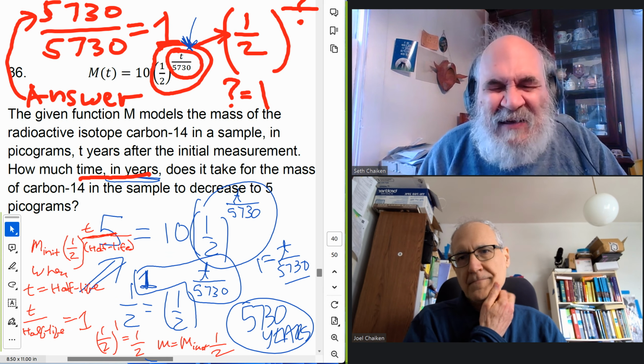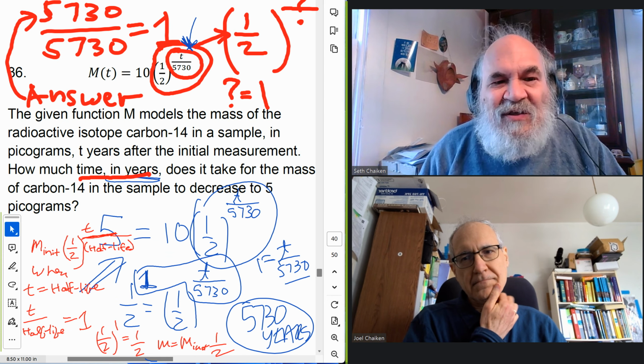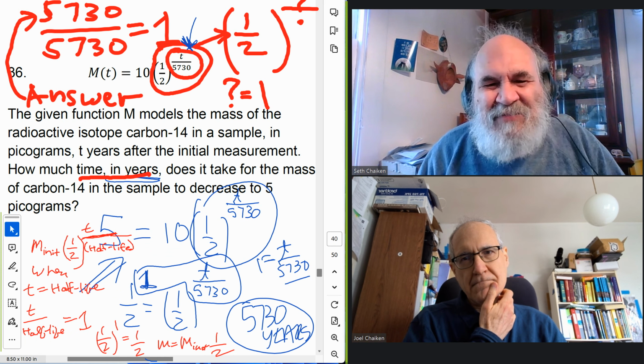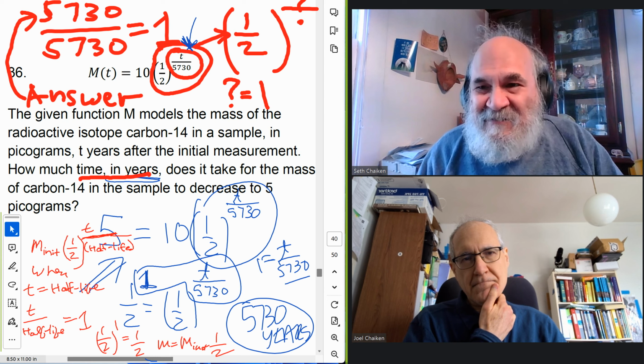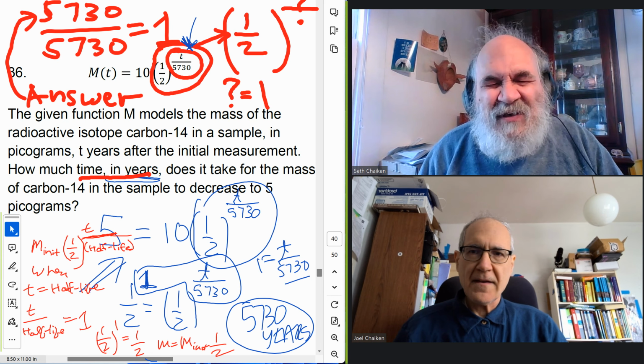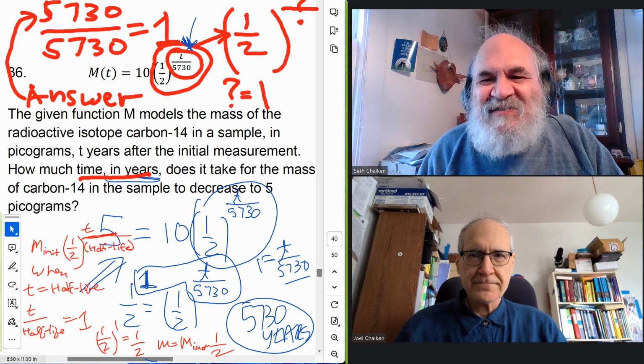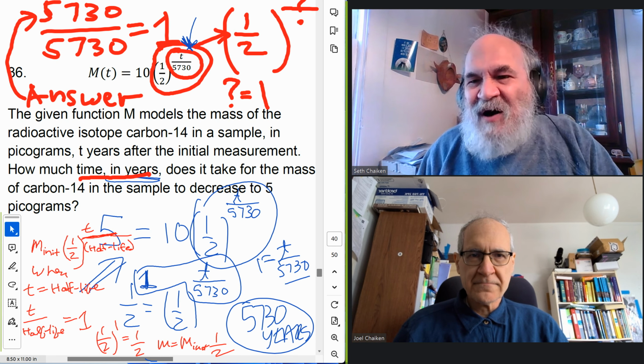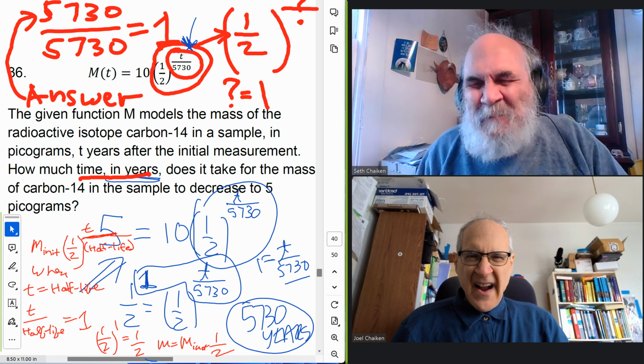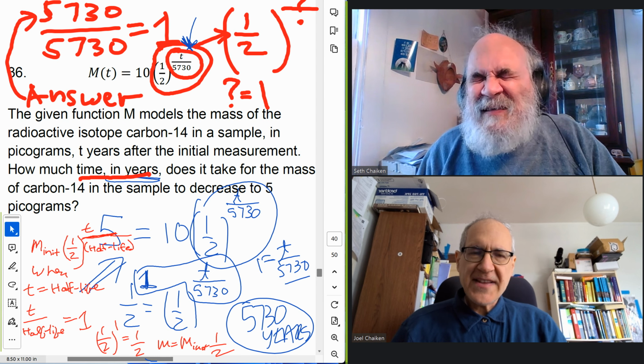When you want half-lives, the coefficient is the initial amount and the base is 1/2. And then the exponent is scaled by the half-life in the denominator. That's how you do half-life.